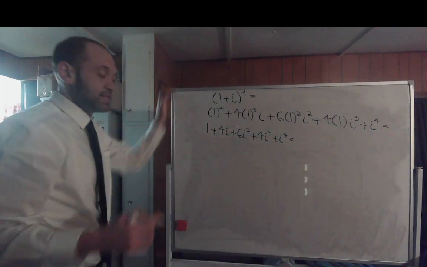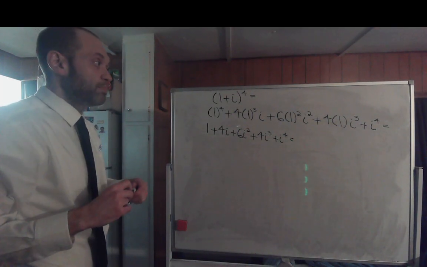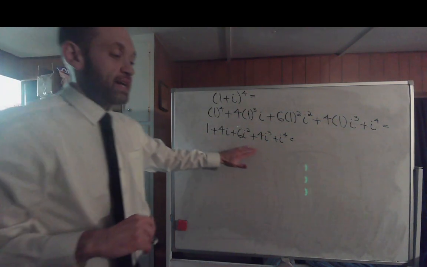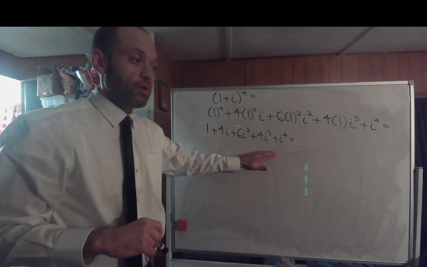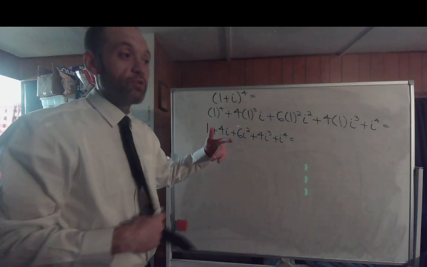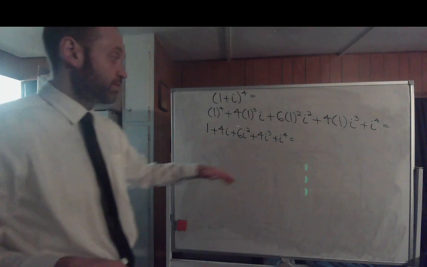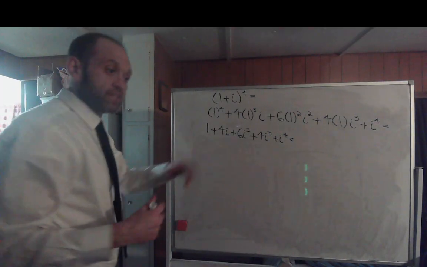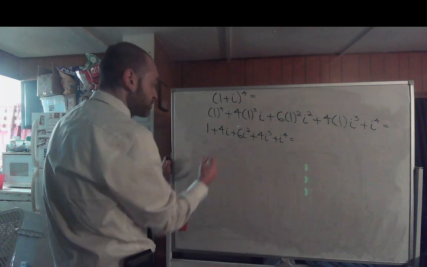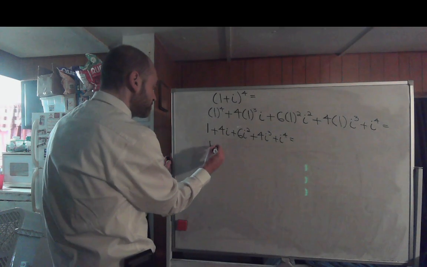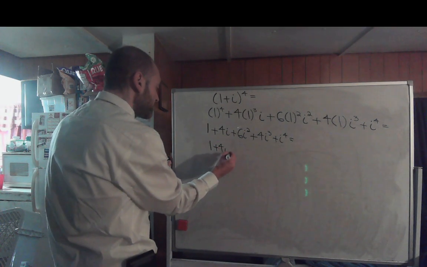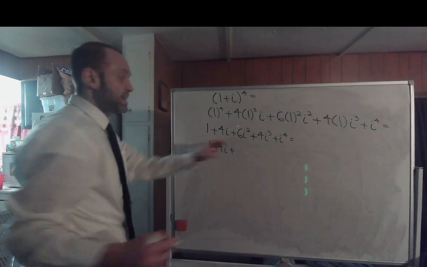Well, we're still not done yet, because if we remember, these i's, the imaginary number, the square root of -1, go in cycles of 4. Well, i is just that, it's the square root of -1, so this would be 1 plus 4i, plus, what is i squared?